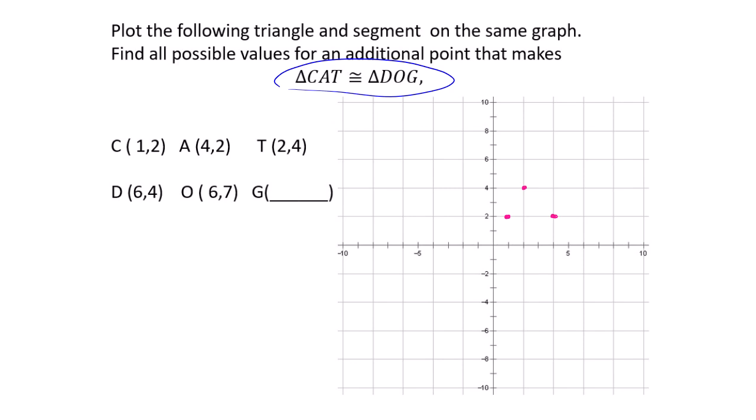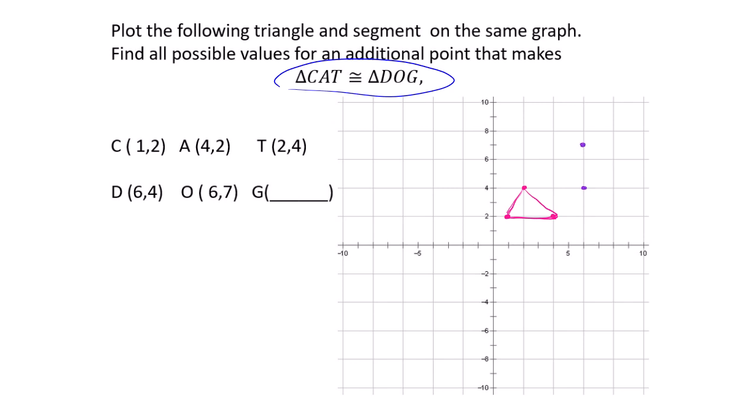All right, so we want to make congruent triangles. So let's plot DOG. D is at 6, 4. O is at 7, 4, right here. G is going to be right here.